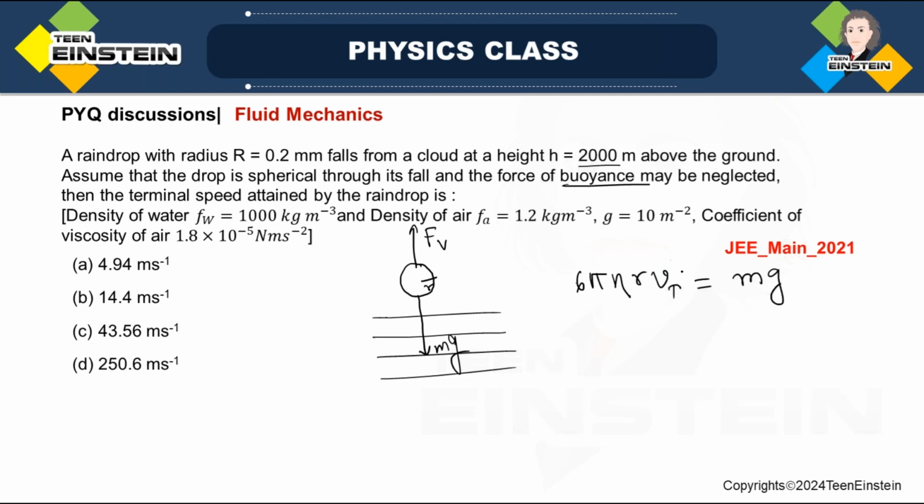Okay, so the radius R of the raindrop is given as 0.2 mm. g we have to take as 10 meter per second square. Okay, and the density of the air is given, the density of the water is also given.